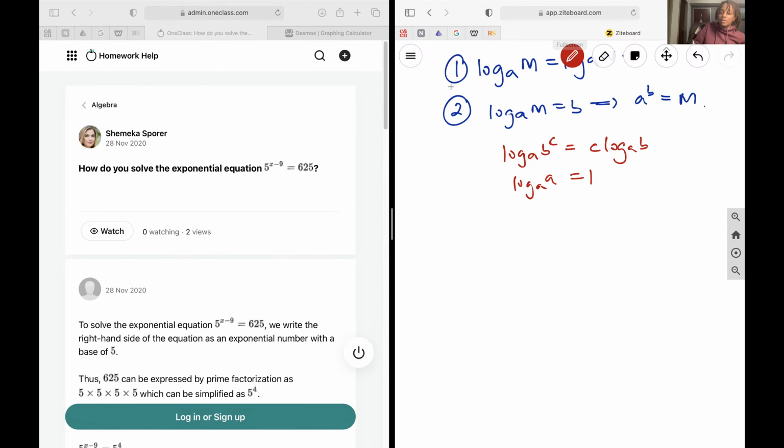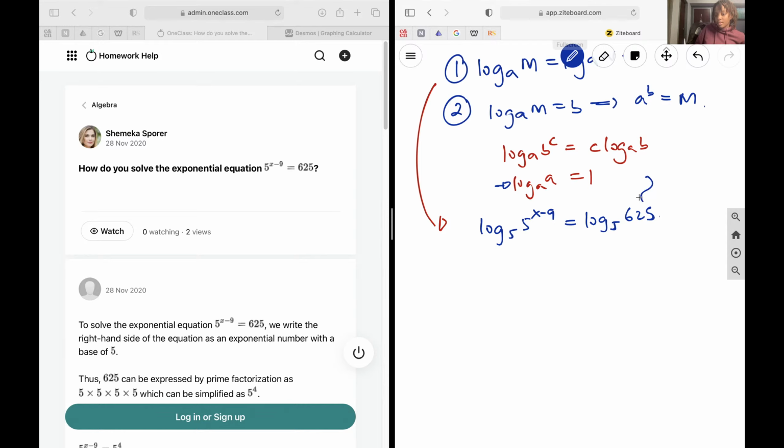So using method 1, I am going to want to take the logarithm of both sides, and I'm going to choose the base of 5 because of this specifically. So I'm going to have log base 5 of 5 to the power of x minus 9 is equal to log base 5 of 625.